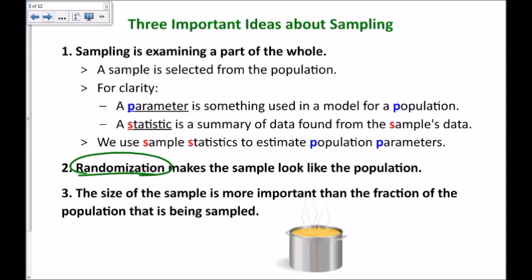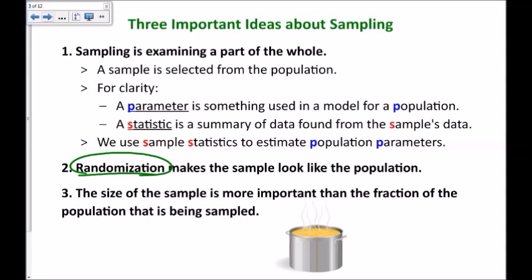Okay, third, which is kind of counterintuitive. This may not make a lot of sense, but it's the size of the sample, not the size of the population, that is most important when we're doing a sample. So the size of the sample is more important than the fraction of the population that is being sampled. I think the book has a good illustration of this, talking about making soup.